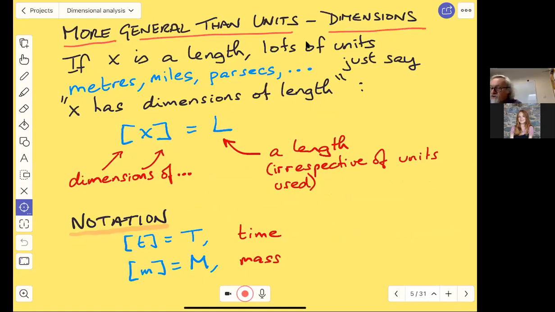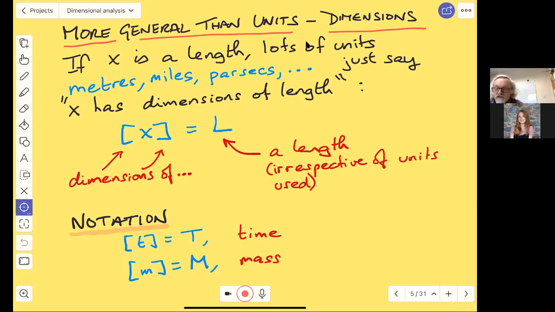What I want to do is talk about dimensions. So let's imagine x is a length. Well, there are lots of units for length. We've got meters, we've got miles, we've got parsecs in astronomy. So instead of saying we're going to use a particular type of length, instead, let's just say that x has dimensions of length. x is a length.